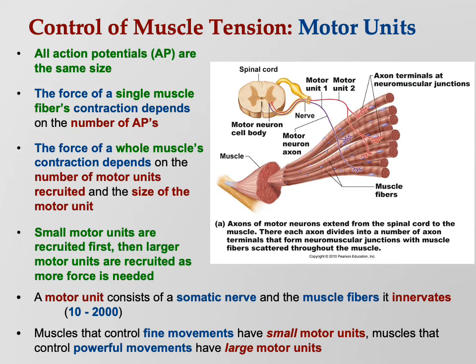Generally speaking, your body starts with small motor units and it only uses a few, and then as you need more and more force, like you're trying to push somebody's car, you keep recruiting more and more motor units, and you keep recruiting bigger and bigger motor units, until finally you say, it's your car, damn it, you move it. I'm going to go have a beer.